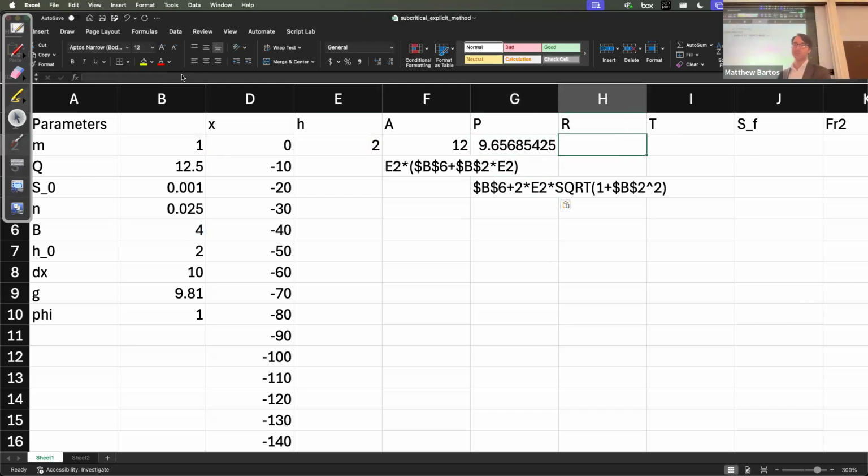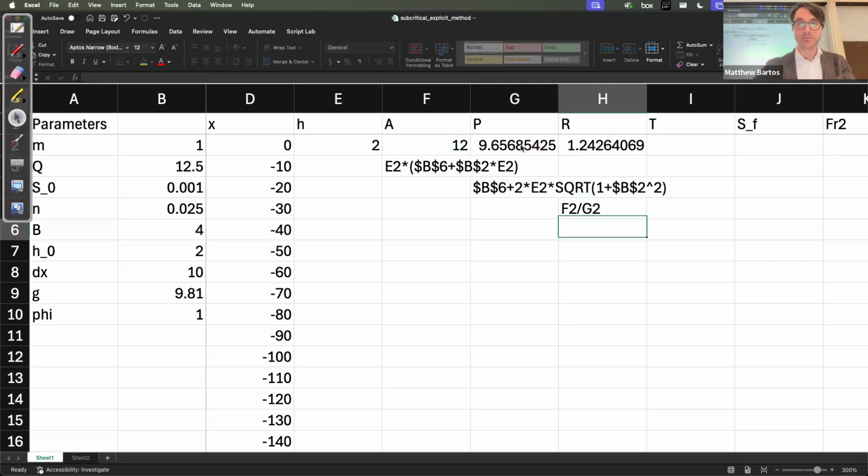Okay, hydraulic radius, this one's easy. We just take F2 divided by G2, so the area divided by the wetted perimeter.